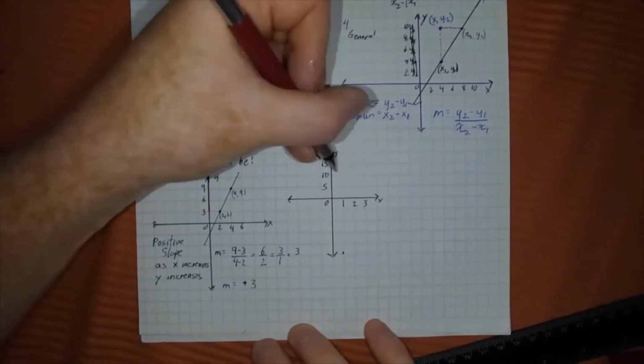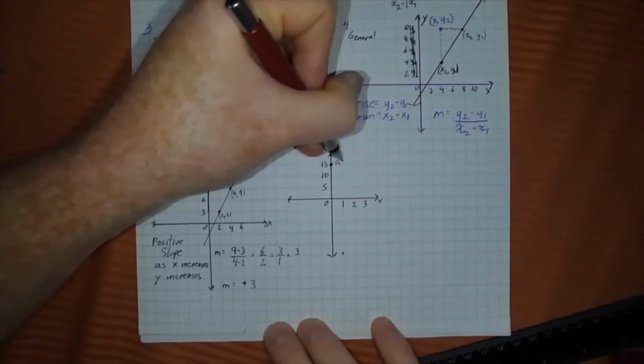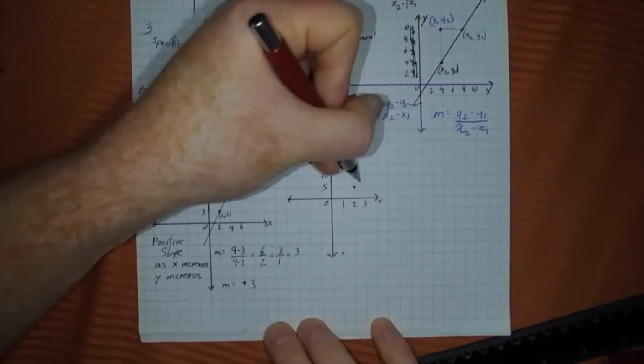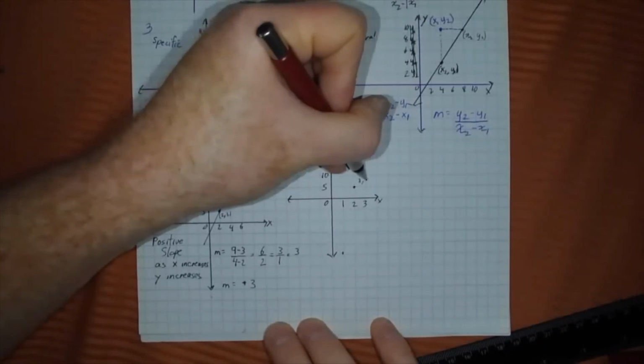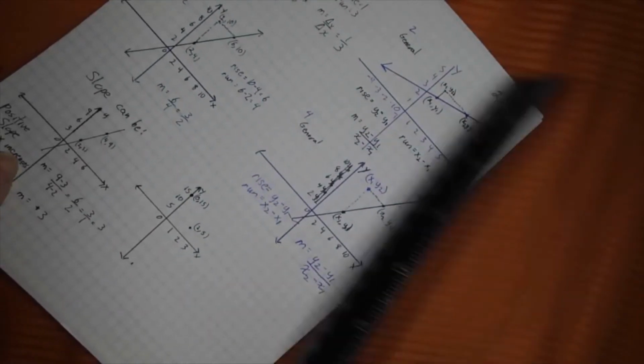Okay, let's say I'm starting here at 0, 15. And I end over here at 2, 5. So my slope obviously looks different.